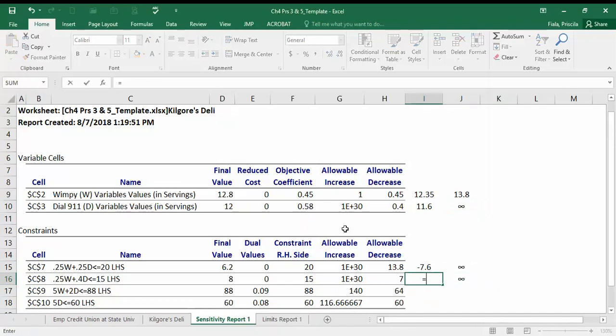My decrease allowable is my final value minus my allowable decrease. And then you can do that for the rest. So equals my final value minus my decrease, and then equals my final value plus my increase, and then here is equals 60 minus my decrease.